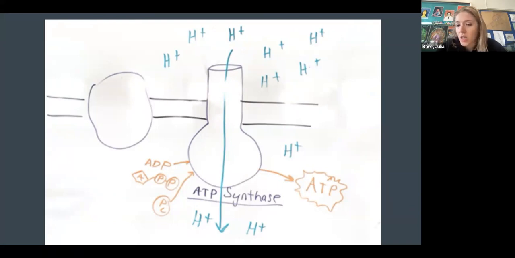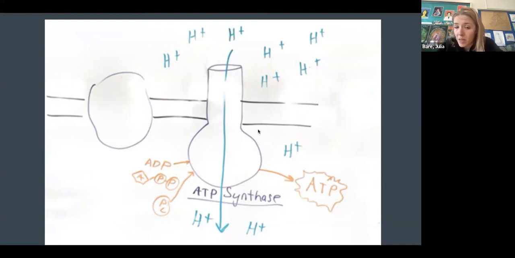And water wheels are going to use the force of gravity to propel water down to power things like mill grinders and things that were used in previous generations, even fairly recently, to power different kinds of motors. ATP synthase is doing the same thing. It's maximizing and capitalizing on a gradient that already exists to power the synthesis of ATP.